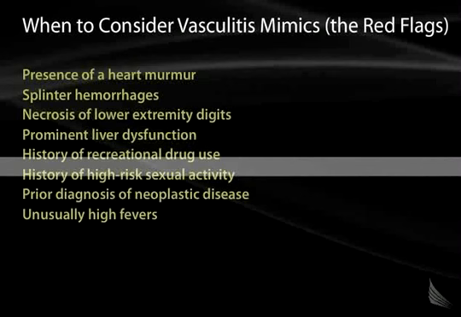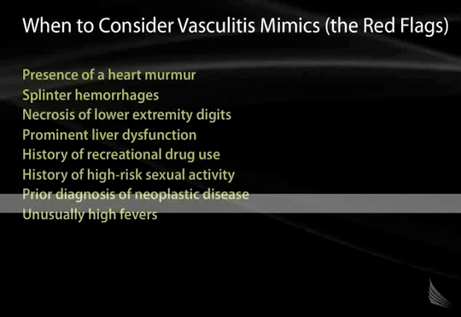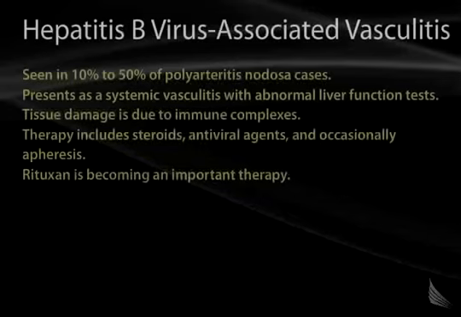History of high-risk sexual activity can raise the red flag for human immunodeficiency virus infection. Prior diagnosis of a malignant disease. And unusually high fevers, such as 103 to 104, can make you be more concerned and raise your suspicion for vasculitis mimics rather than a vasculitis syndrome.